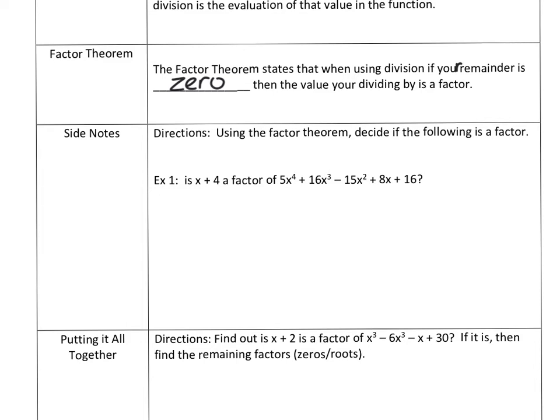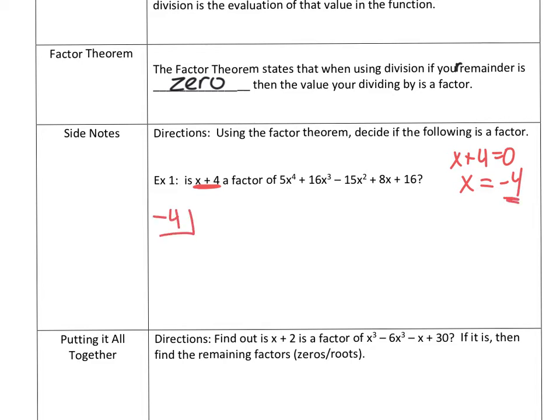So 4 would have been a factor of 16, and we know that. This works the same way. So if I do synthetic division and this x plus 4 comes out with a remainder of 0, that just means that x plus 4 is a factor. So let's try it. That is x plus 4, which means I've got to set that equal to 0 and find my ledge guy.